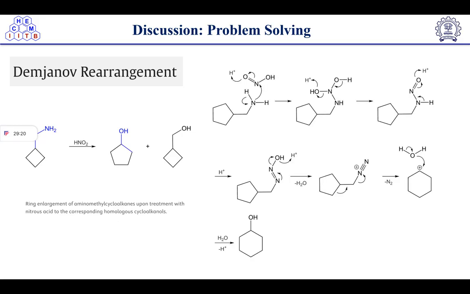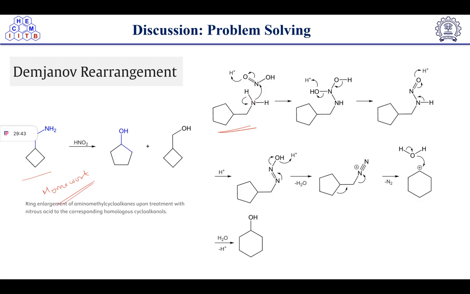Here they have a mechanism. Okay, suppose in the question we have a 4-member ring, but for example we are taking a 5-member ring here. So this one you have to do as homework. I'm explaining it with a 5-member ring.